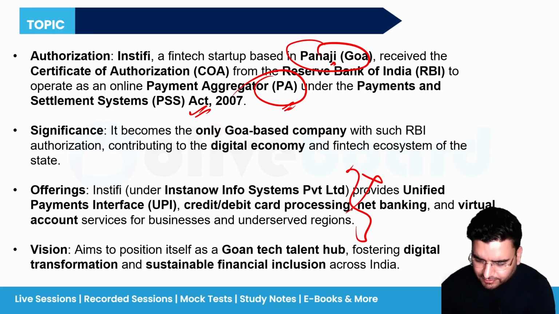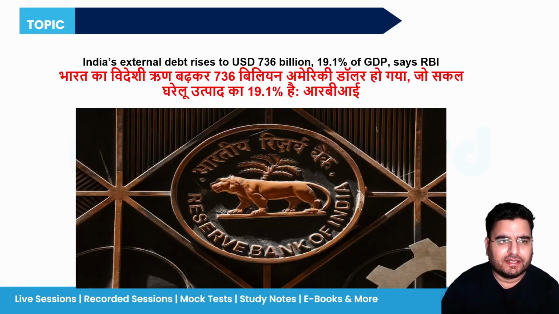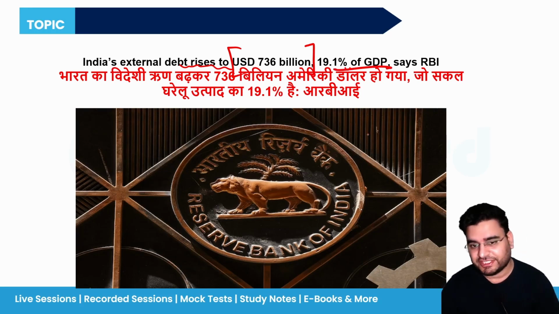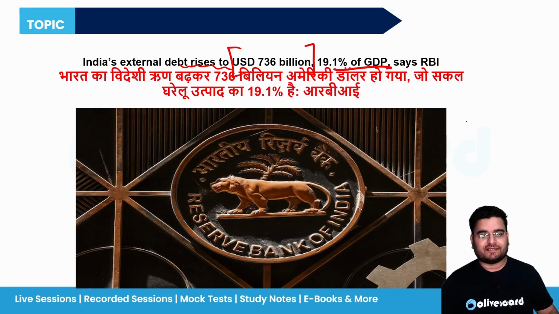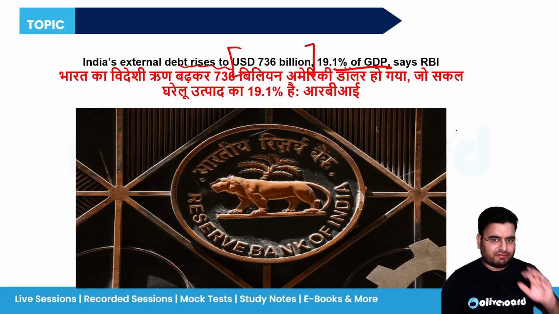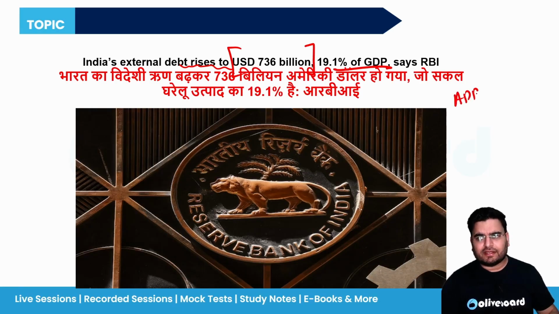Okay, chalo. Next is India's external debt rises to $736 billion, that is 19.1% of GDP. External debt. How are we getting so much in external debt? Have you read the previous week's news? ADB has given $1 billion to India.